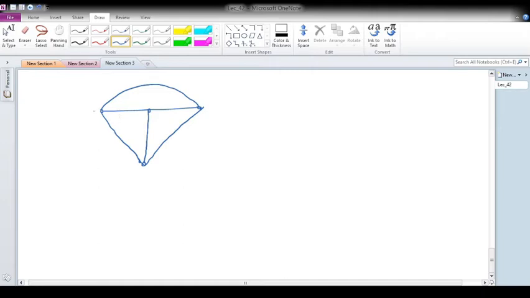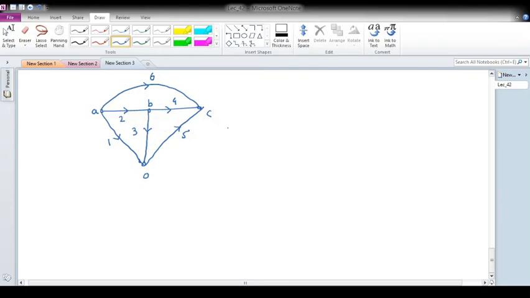Now let me give the labels A, B, C, and this is O. So suppose 1, this is 2 with random directions, 3, say this is now 4, this is my fifth edge, and this is say my sixth edge.